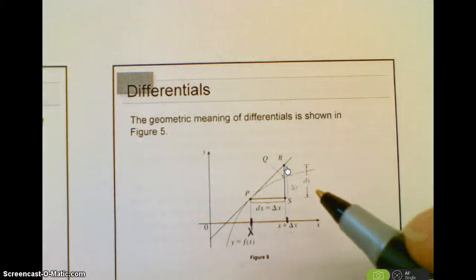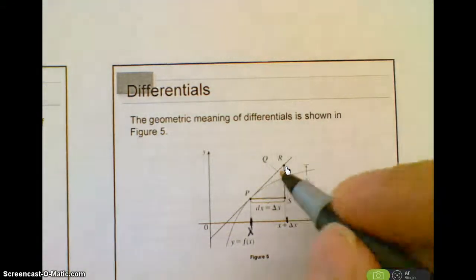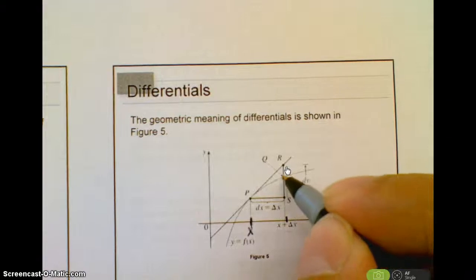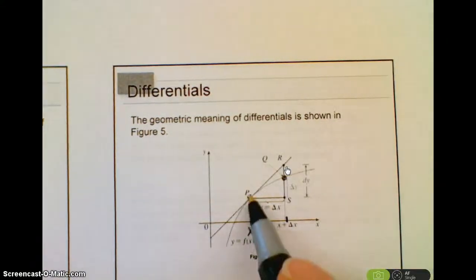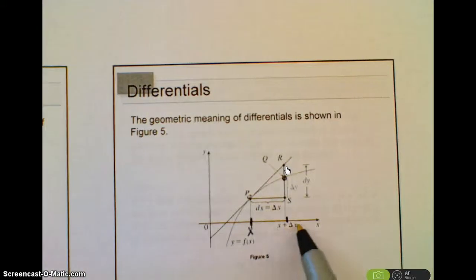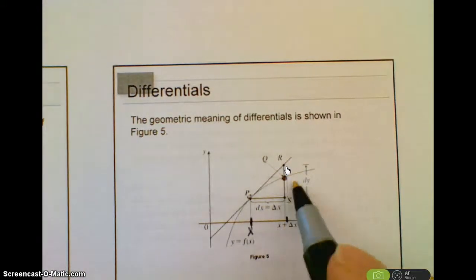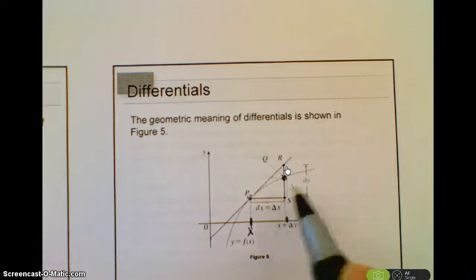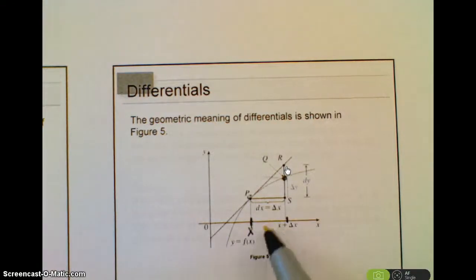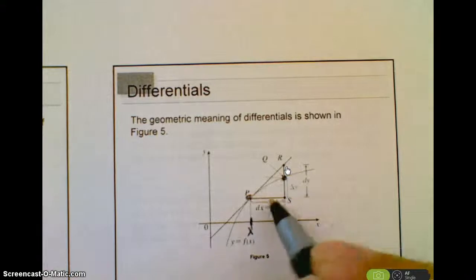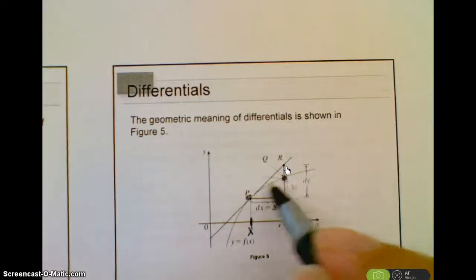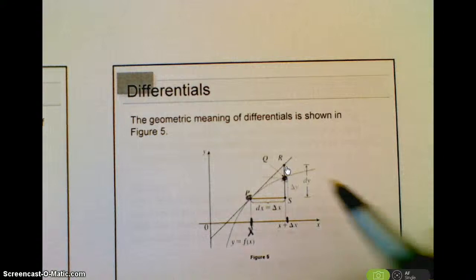So the difference would be of the two y's that I create. In this case, this y comes from this x, and this y value originates from taking an x value that is a little bit different from the original one, say x plus delta x. So the change in y is simply the difference of the y's of the two points, and that's delta y.